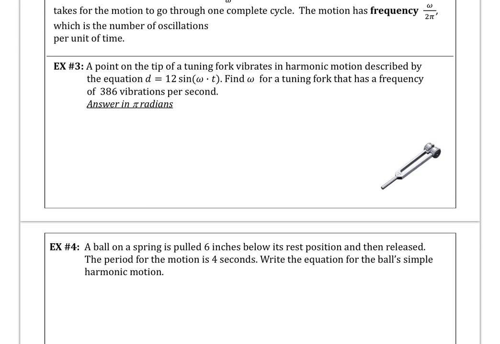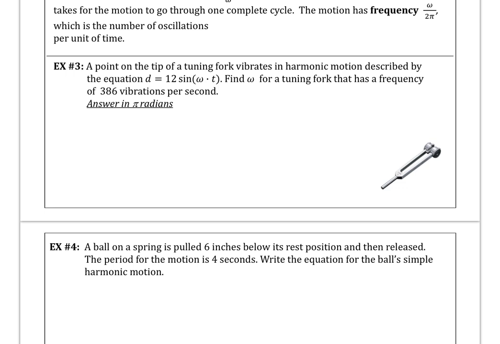Example 3 has us given a point on the tip of a tuning fork, which vibrates in harmonic motion described by this equation, where omega for the tuning fork has a frequency of 386 vibrations per second. We want to answer in radians. We're looking for omega.